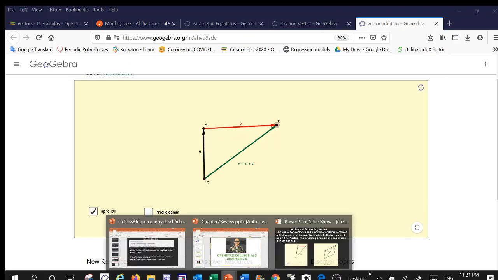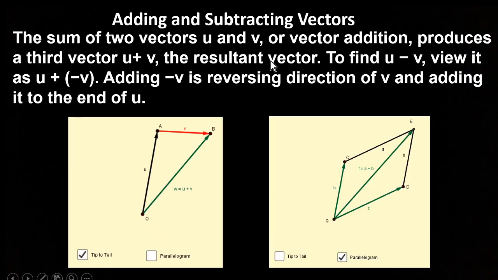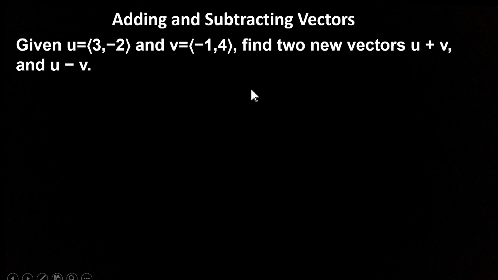Now geometry is helpful to understand what's going on, but we like to use algebra. So given two vectors in these forms, and notice these are not parentheses, so these are vectors, find two new vectors, u plus v and u minus v.